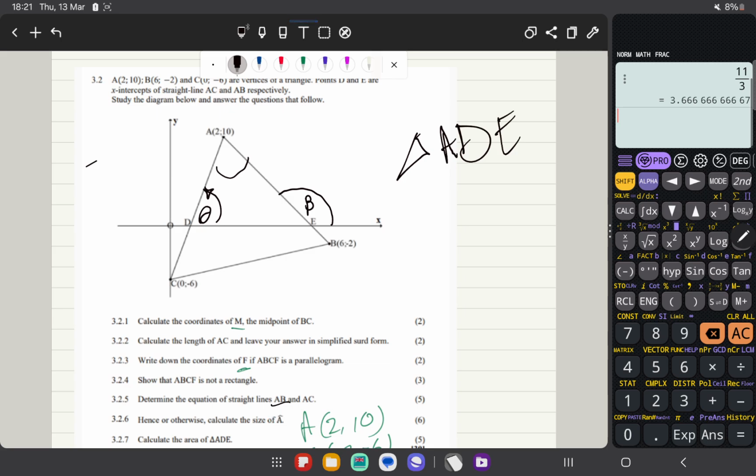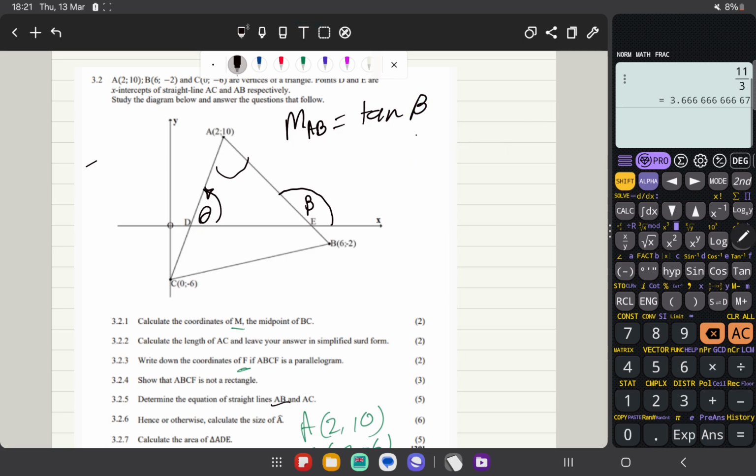It says calculate the equation of a straight line for AB. Here is AB. When calculating the equation of a straight line, I find my gradient, and my gradient helps me get the angle of inclination. So I can say the gradient of AB is equal to tan beta.